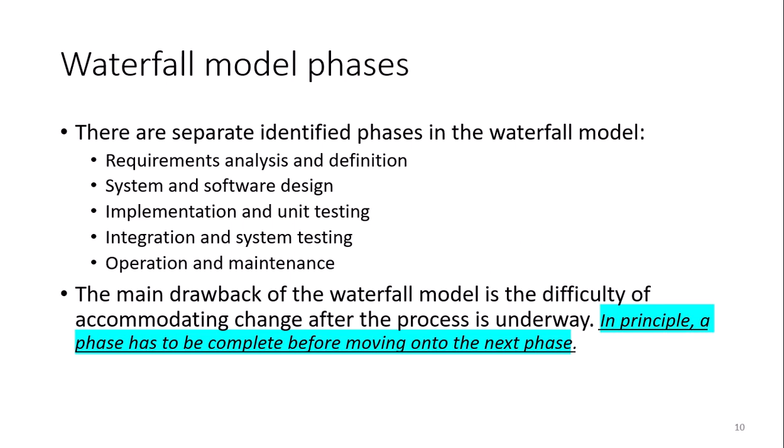The main drawback of waterfall is the difficulty of accommodating change after the process is underway. In principle, a phase has to be complete before moving on to the next phase. Like a waterfall, the direction of falling water is toward the earth, so it cannot go back.